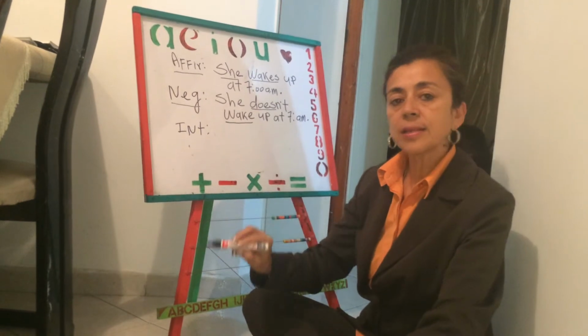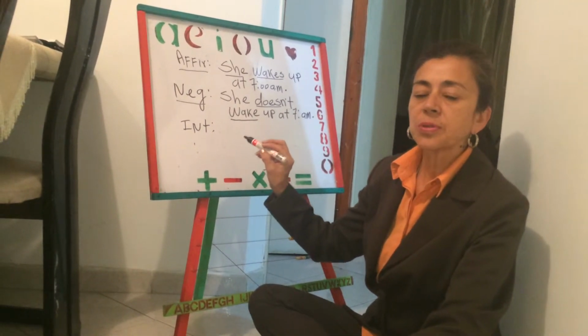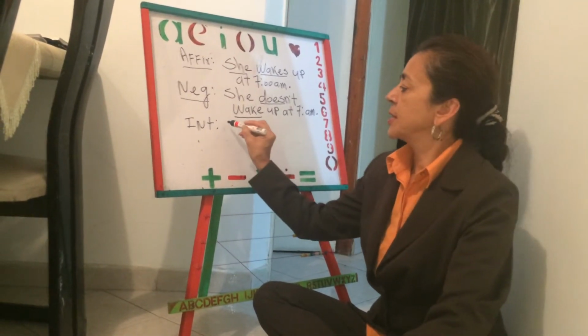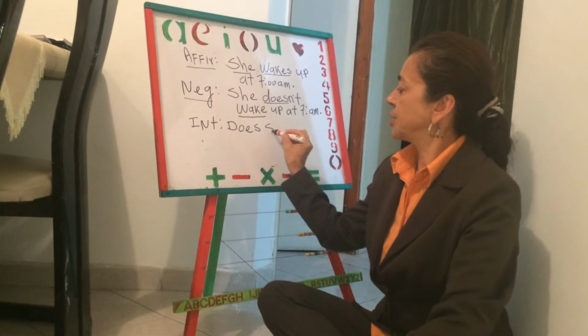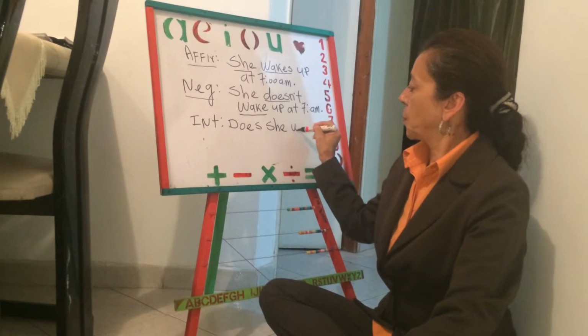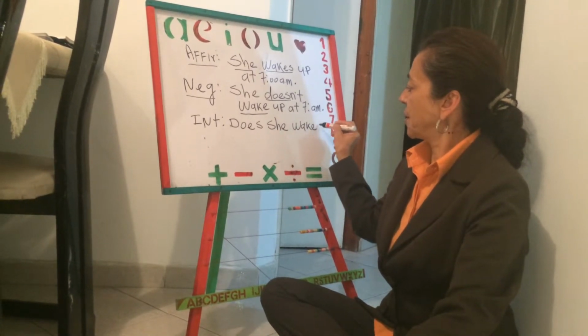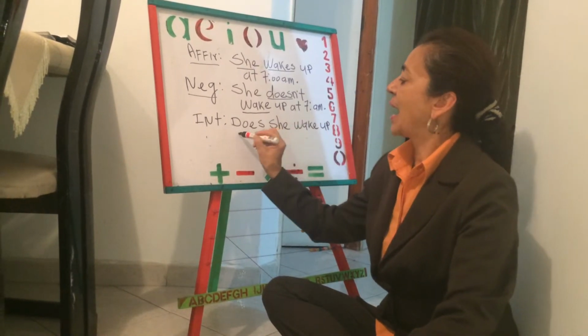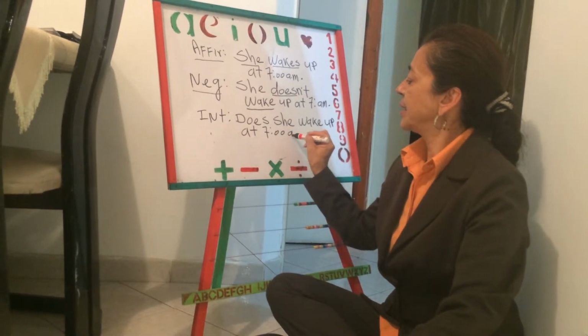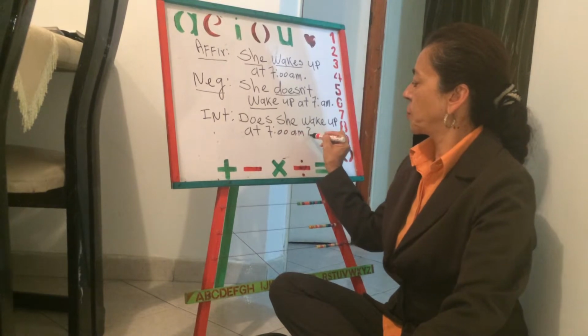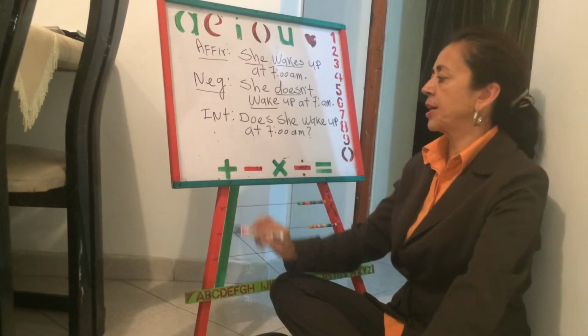Interrogative. For the interrogative, we must put the auxiliary first. So, does she wake up at 7 a.m.? And the question mark, do not forget it.